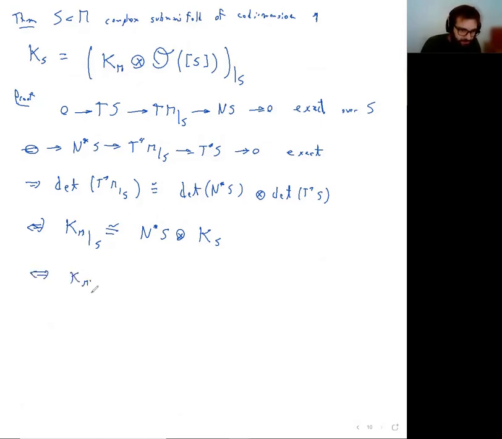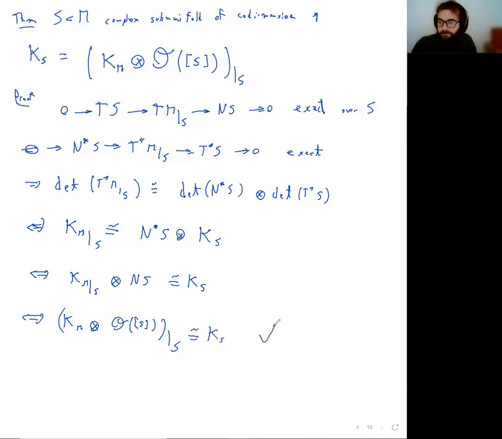We have K_M restricted to S, tensor N_S, is isomorphic to K_S, right? So we multiply times N_S, and these two cancel out on the right. And now we finally have our K_M tensor O_S, all restricted to S.